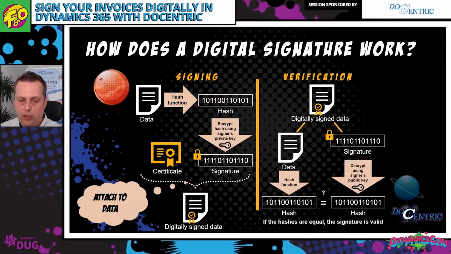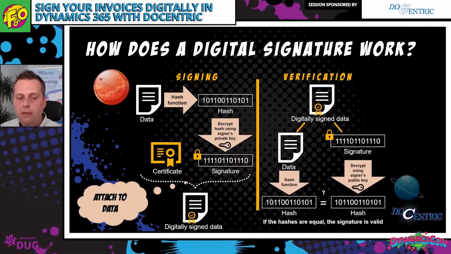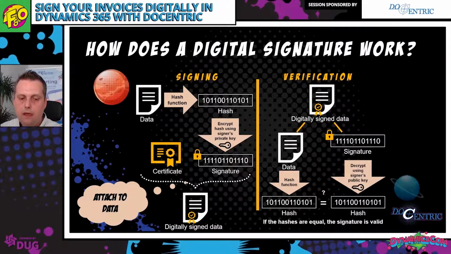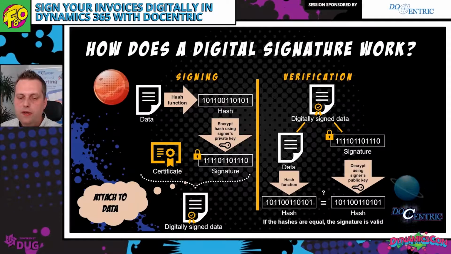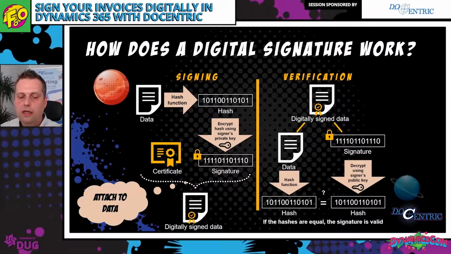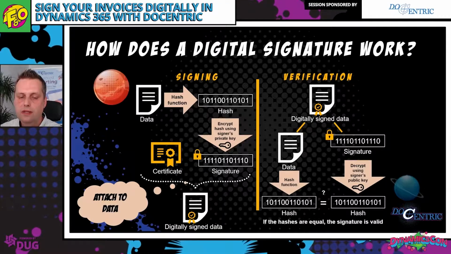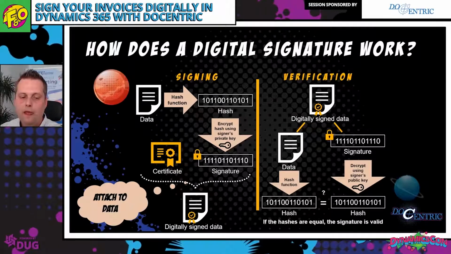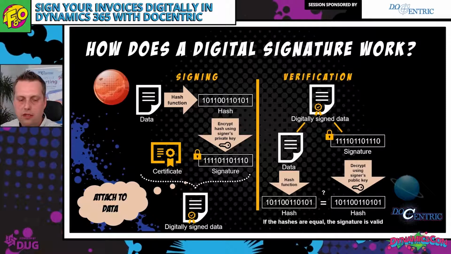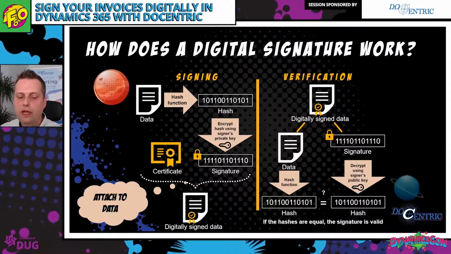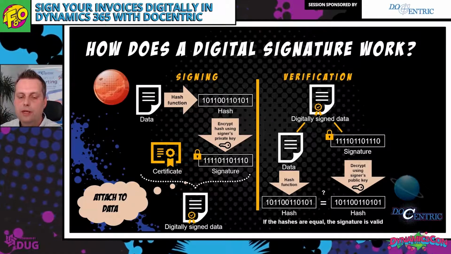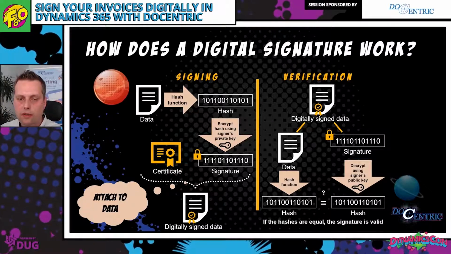While during verification, the document data and public key are used to generate the exact same unique value. If these unique values match, then we can say that the data has not been altered and the digital signature is valid. And because the public part of the certificate is present in the signature, we can also identify who was the creator of the document and decide if we trust the person who signed the document.